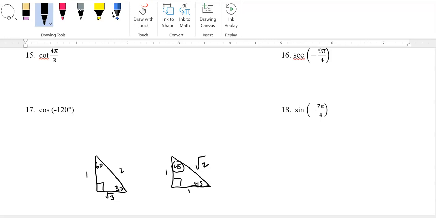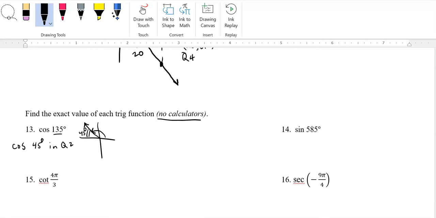Cosine is adjacent over hypotenuse. So 1 over the square root of 2 rationalized makes root 2 over 2. Okay, so that's cosine 45, root 2 over 2.